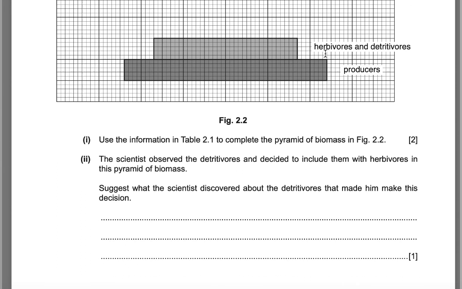You remember herbivores, they eat what? They eat plants, right? They don't eat animals. But the detritivores, they eat dead organisms. The organisms could be plants or animals, right? Any dead organisms. But the scientists group them together in this pyramid of biomass.